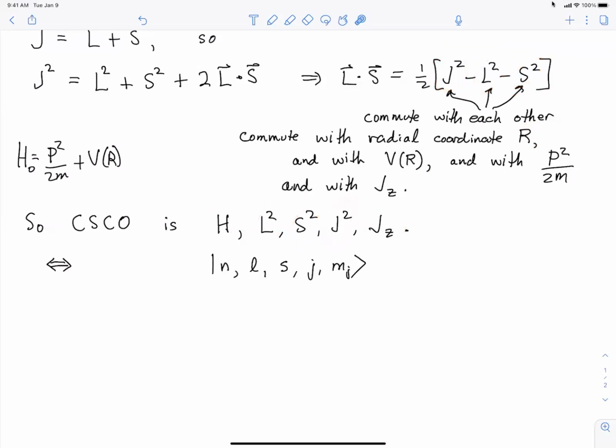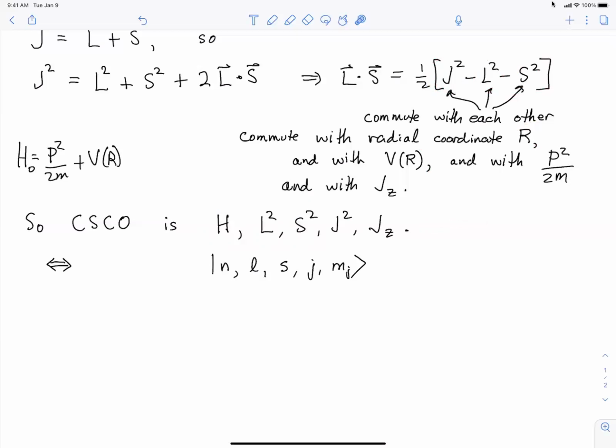See, what I'm not understanding is if R doesn't commute with the Hamiltonian. Right. That's why we're not including R within our complete set of commuting observables. It doesn't commute with the Hamiltonian. So what I'm not understanding is if J squared, L squared, S squared commute with the Hamiltonian, they commute with R. How is it that R doesn't commute with the Hamiltonian? I'm a little bit confused here.